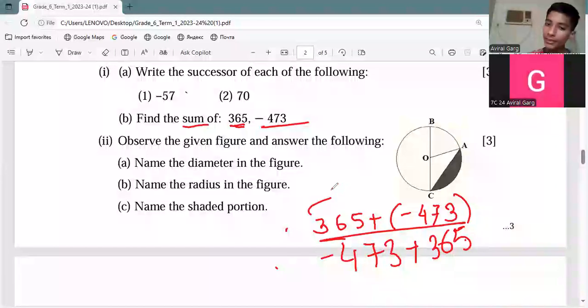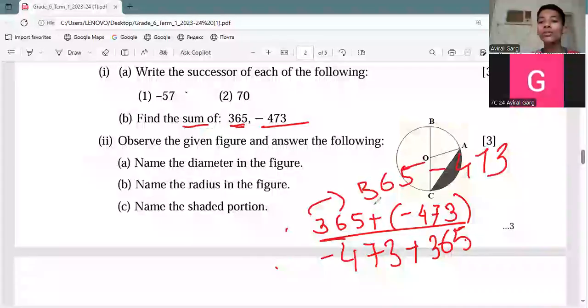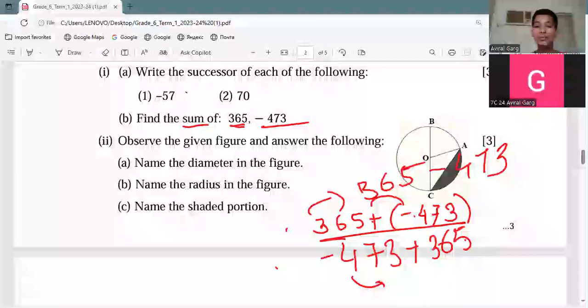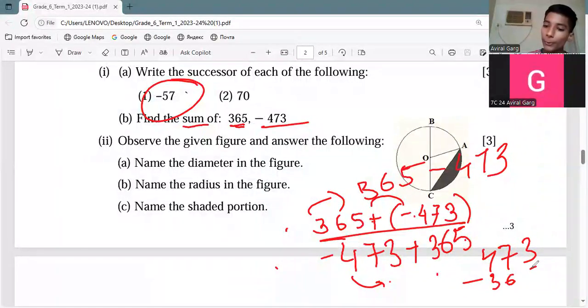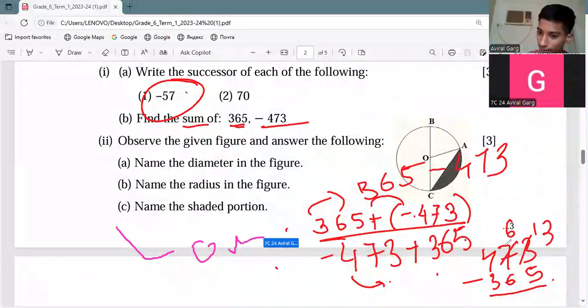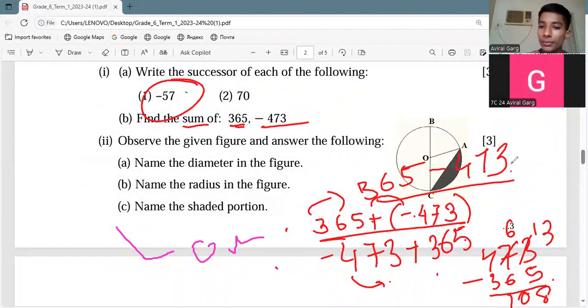If you solve by this method, it becomes 365 minus 473, because plus multiplied by minus is always minus. We subtract 473 minus 365, which is 108.